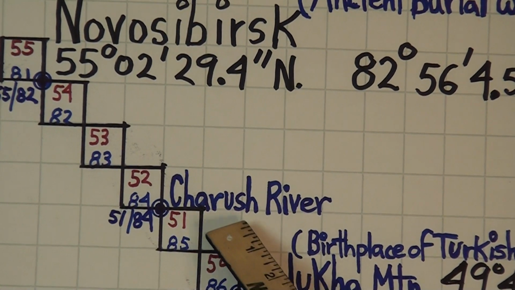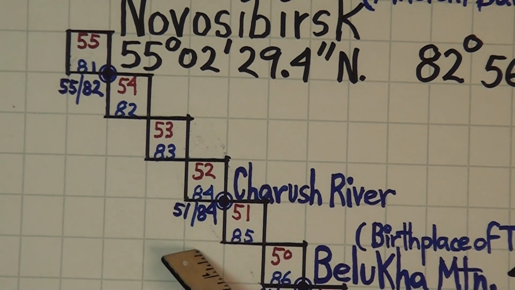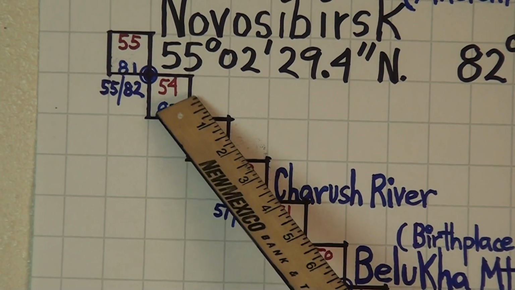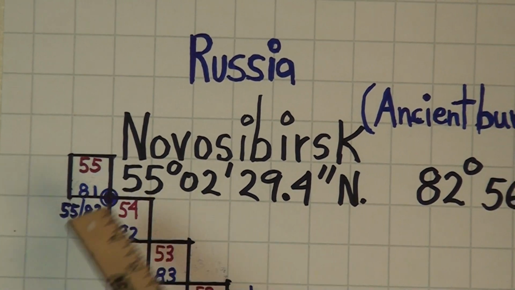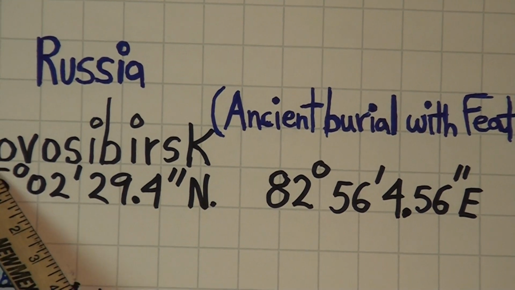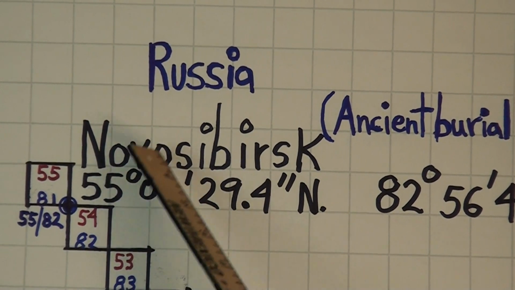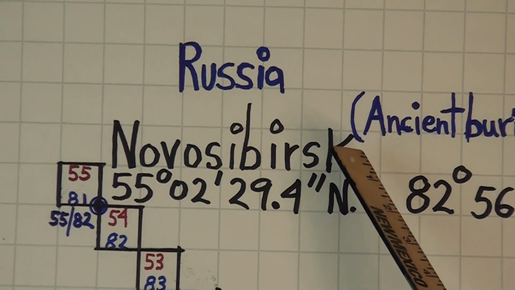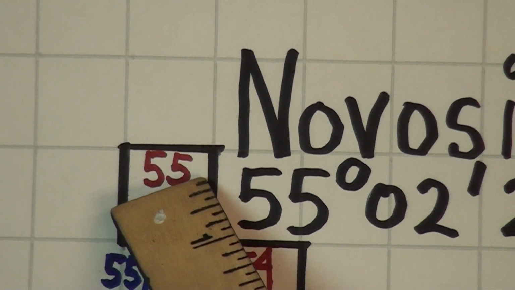And it takes you to a place called the Charysh River at 51 degrees latitude, 84 degrees longitude. And then it ends at 52, 53, 54, 55 degrees latitude, 82 degrees longitude, to a place called Novosibirsk, which is in Russia, way up in northern Russia.